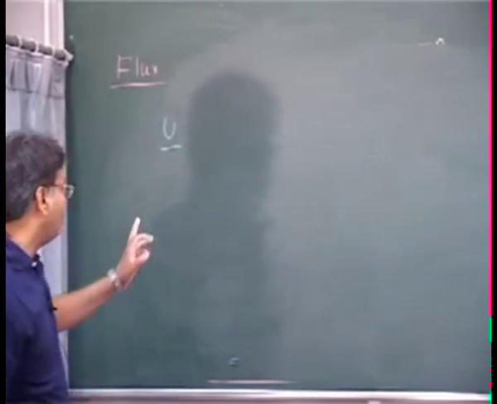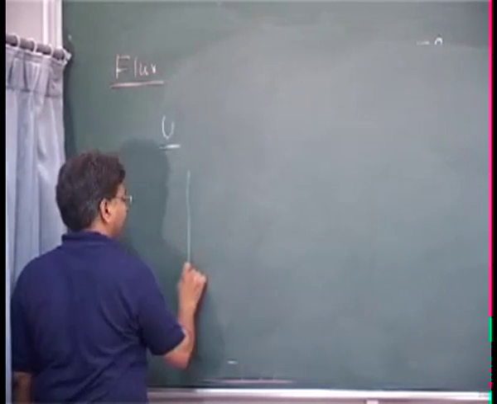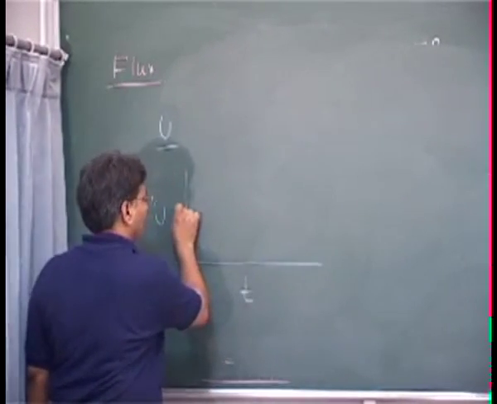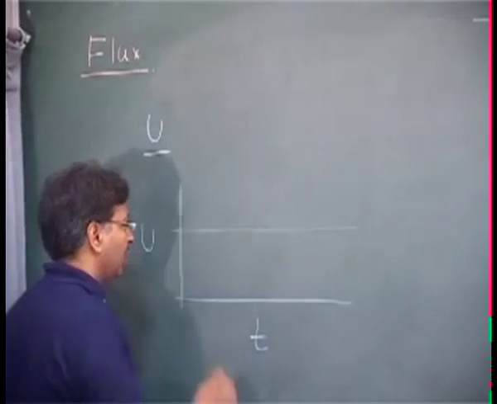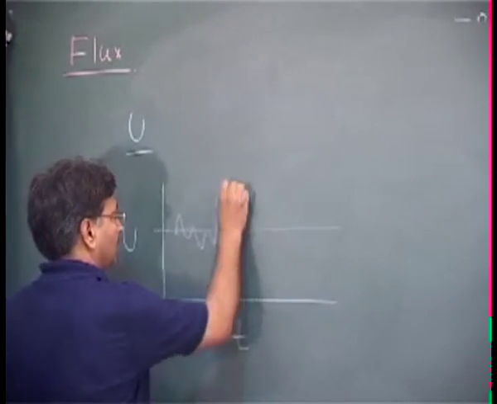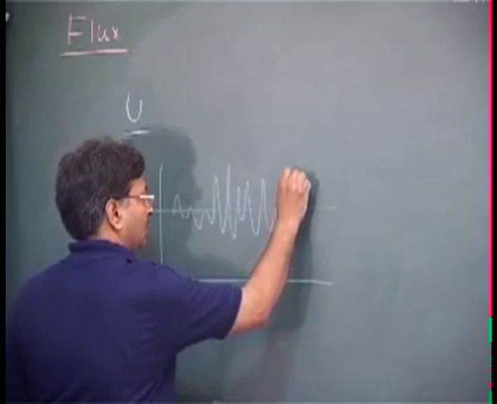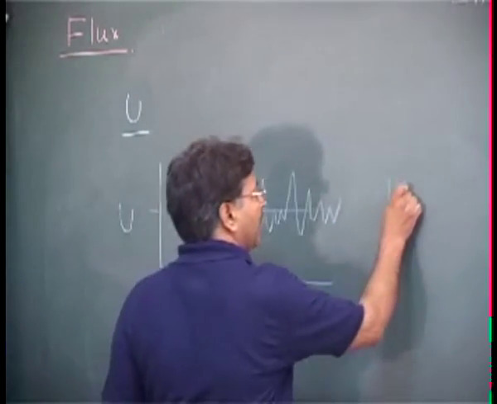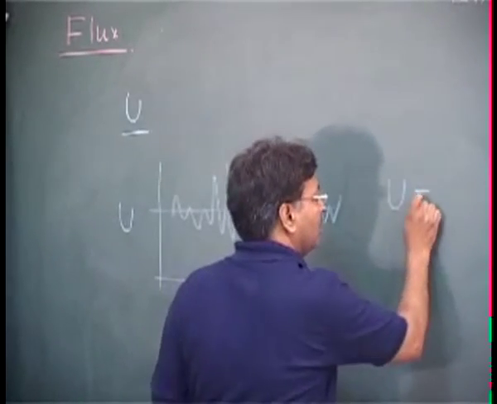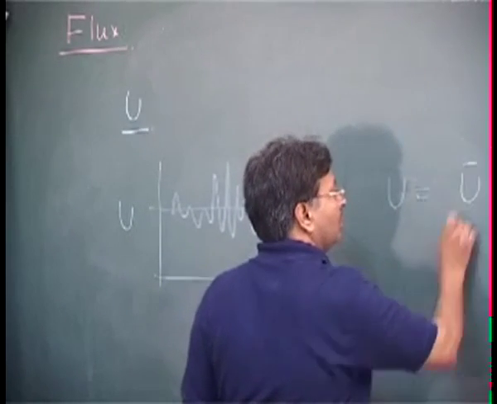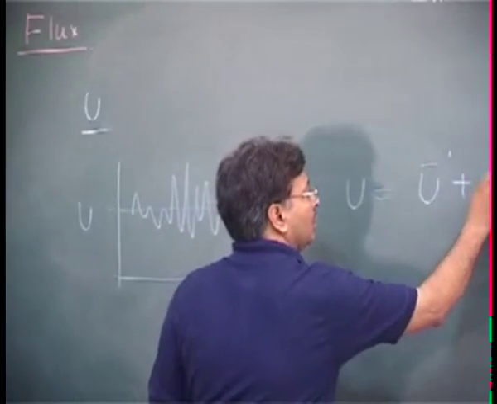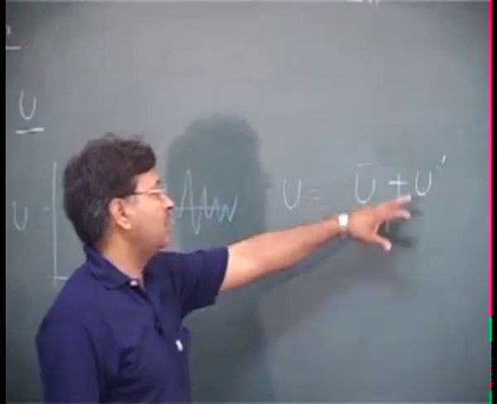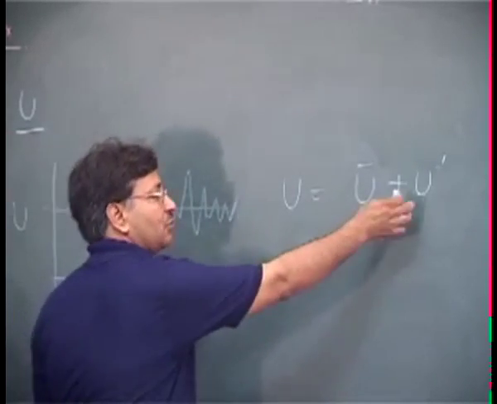Okay. If I have to plot the U with time, you might have the average velocities like this. So U at any instant is U bar plus or minus whatever those fluctuations may be.